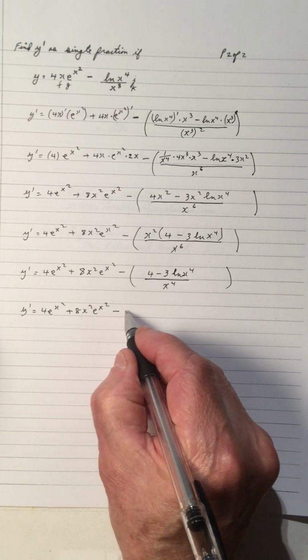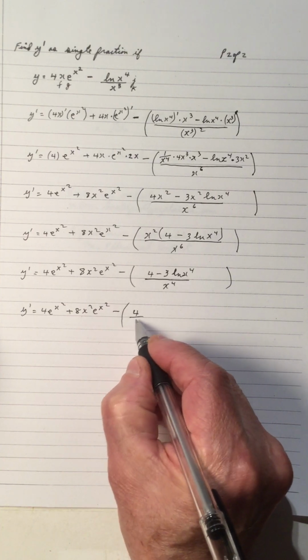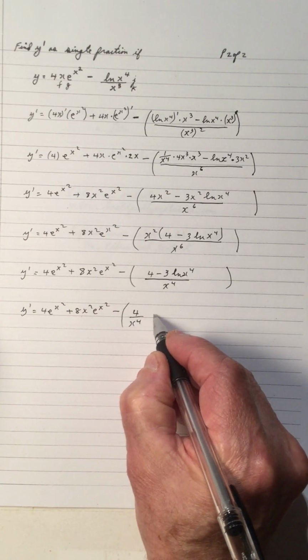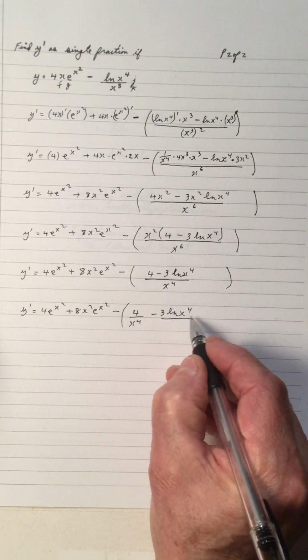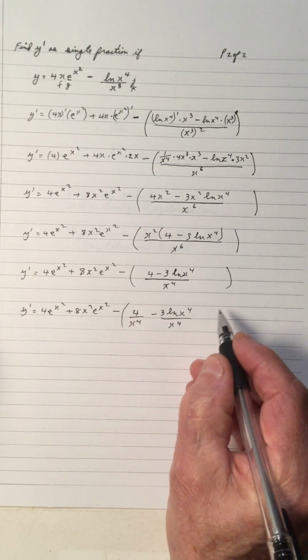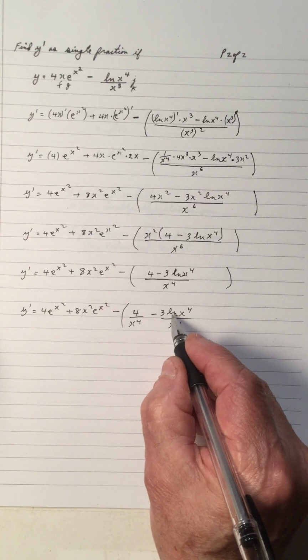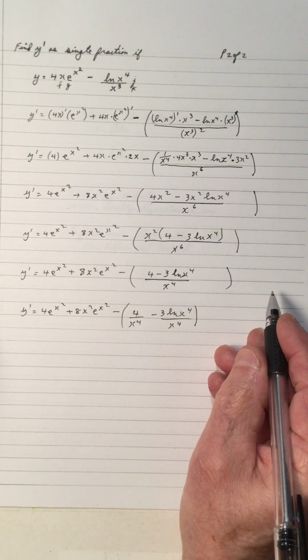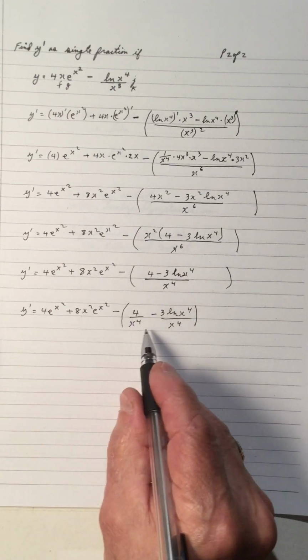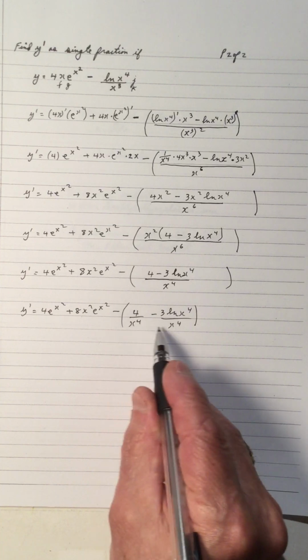That's 4 over x to the fourth minus 3 ln x to the fourth over x to the fourth. And you can't cancel this, because this is the ln of x to the fourth divided by x to the fourth. Now we notice we have two fractions here.